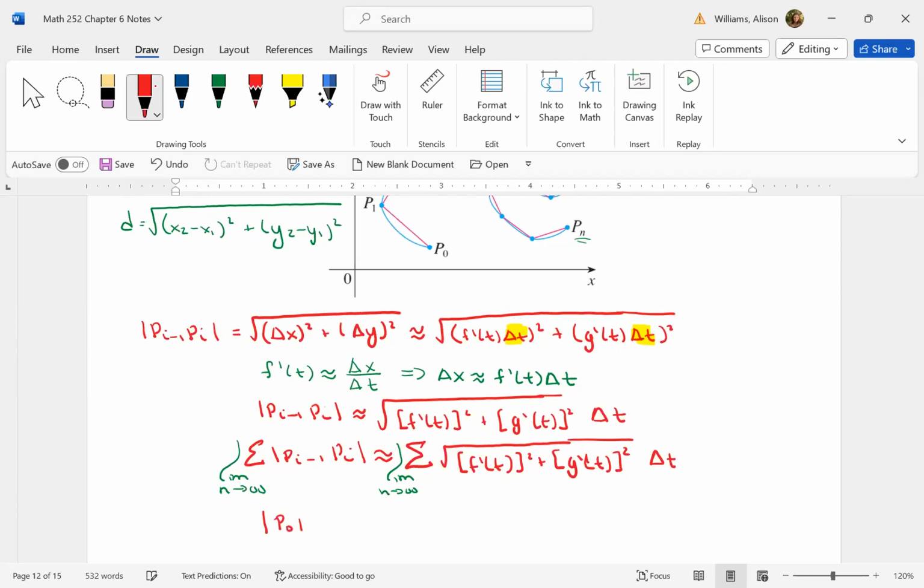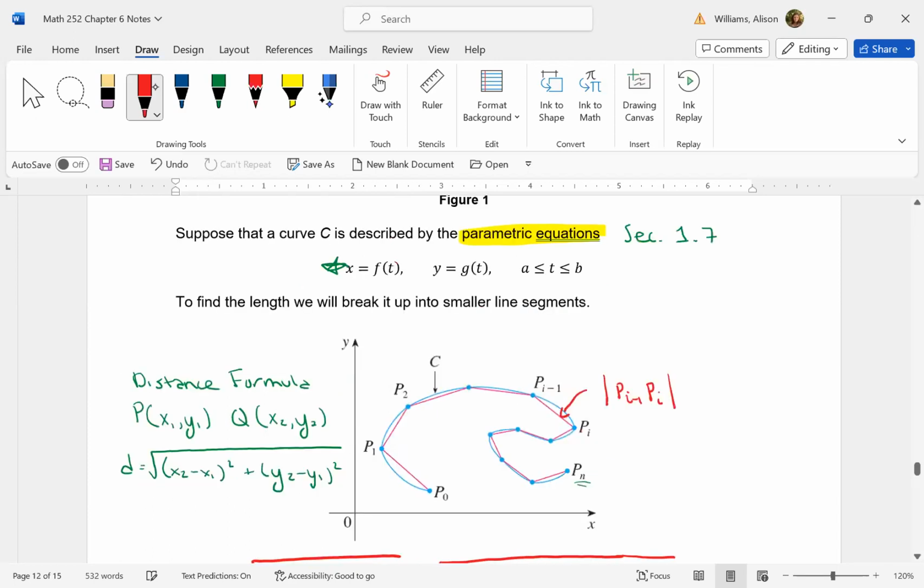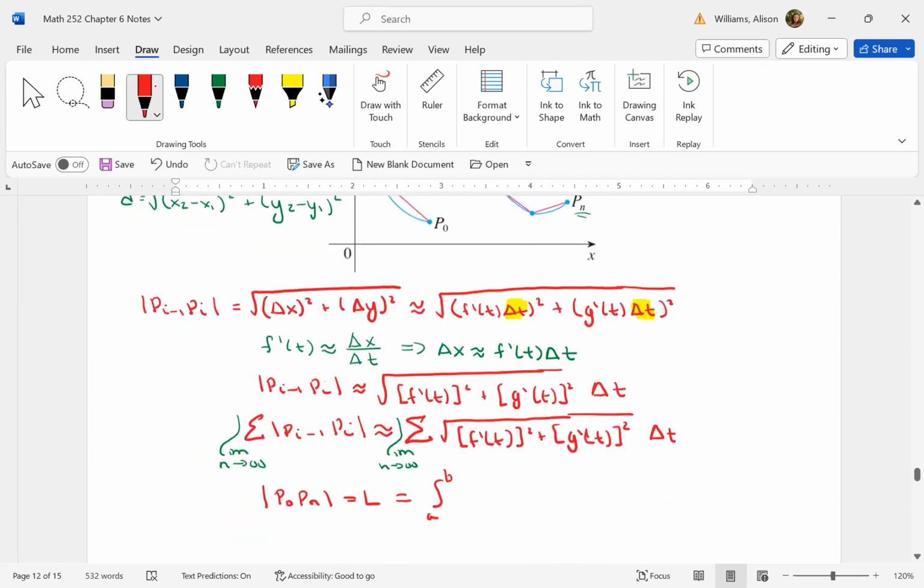which they call L for arc length, ends up equaling the integral from a to b, and that's coming from our limits on t in our parametric equation, of the square root of, and then they switch, instead of saying f and g, into Leibniz's notation of dx/dt squared plus dy/dt squared.